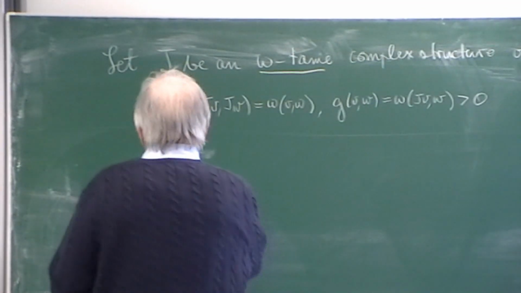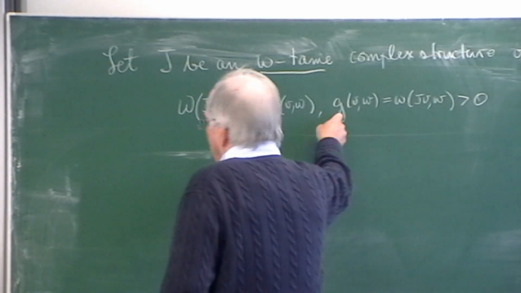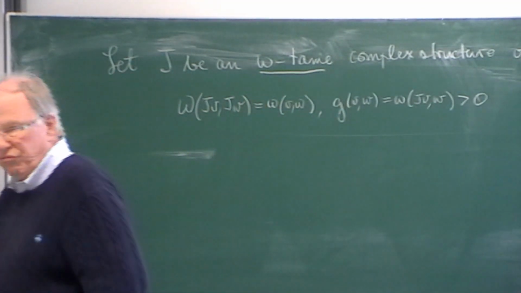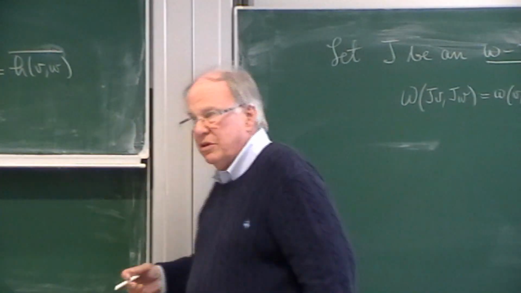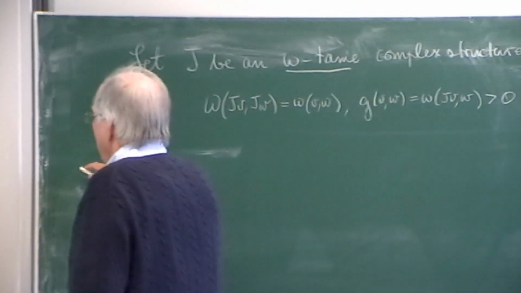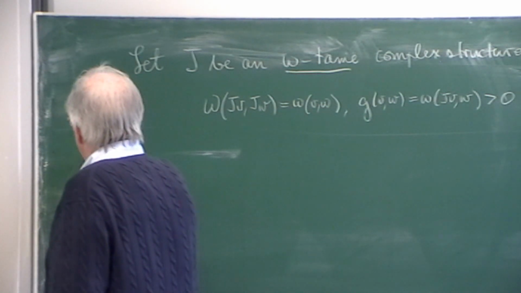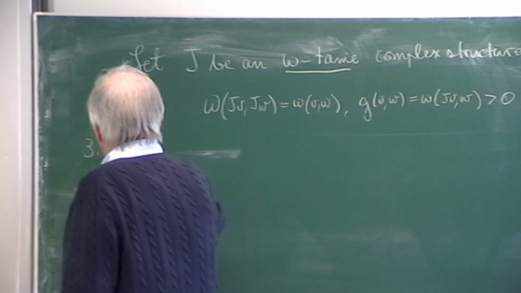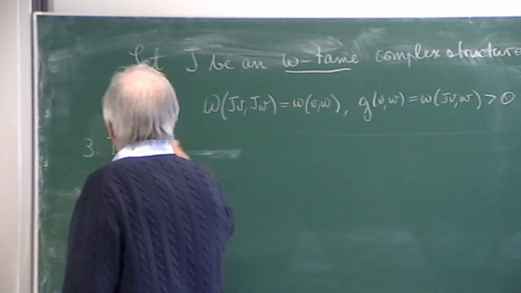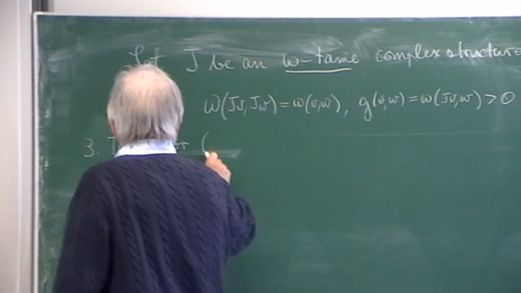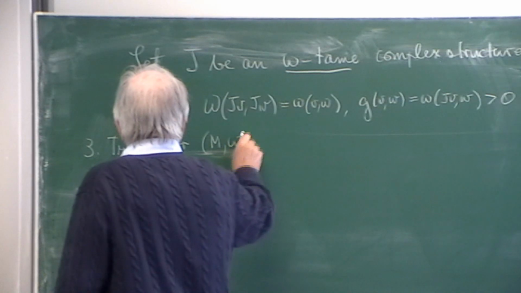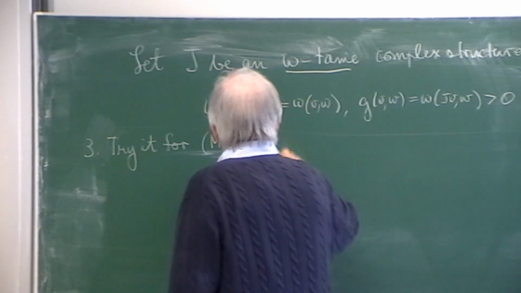Okay, so we see this back and forth with symplectic and Riemannian, and this goes through Hermitian. And it uses the notion of a complex bundle. So we are optimistic. Try it for manifolds, for a symplectic manifold.